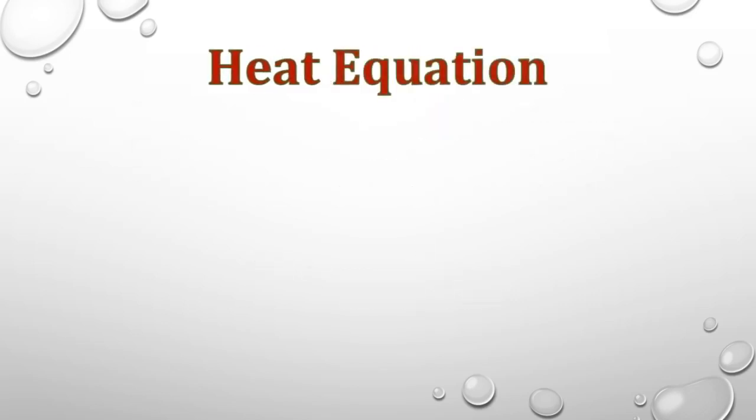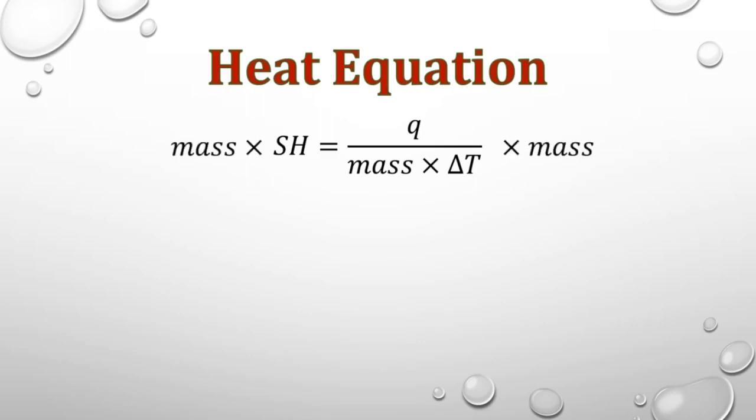All right, let's talk about the heat equation. This can be derived from the specific heat equation by rearranging the variables to isolate Q, the heat, on one side of the equation. To do this, we can multiply both sides by the mass and by the change in temperature.